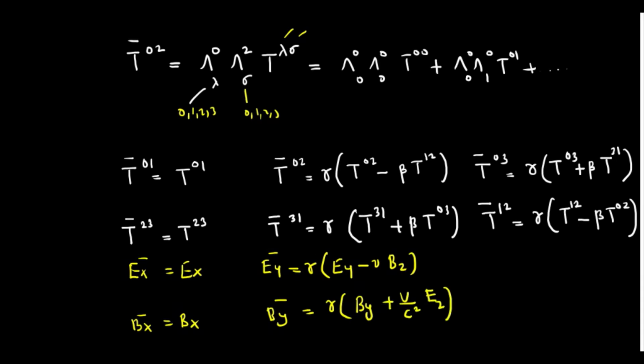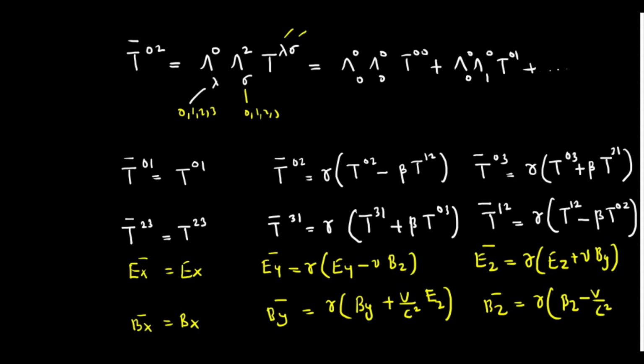Okay, here it is Ez bar is equal to gamma into Ez plus V By, and here it is Bz bar equal to gamma into Bz minus V by C square Ey.